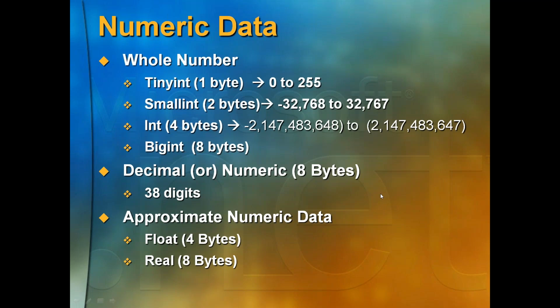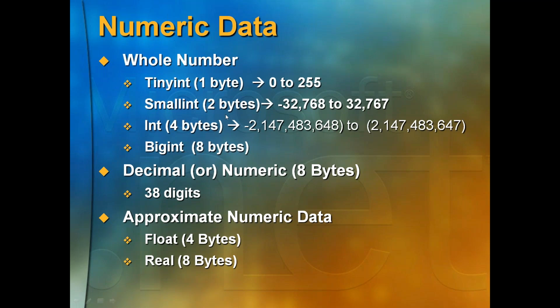This is called numerical data. Whole numbers: tiny int is 1 byte, small int is 2 bytes, integer is 4 bytes, big int is 8 bytes. Clear? You need not specify; when you say tiny int, 1 byte is automatically taken.